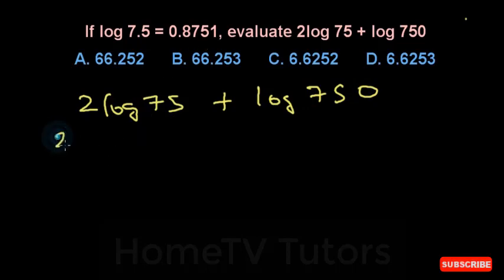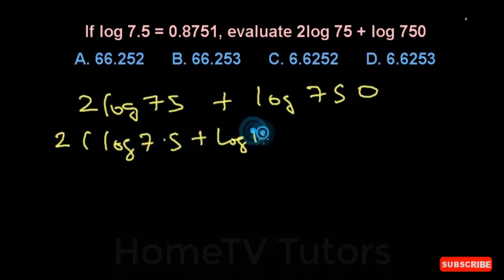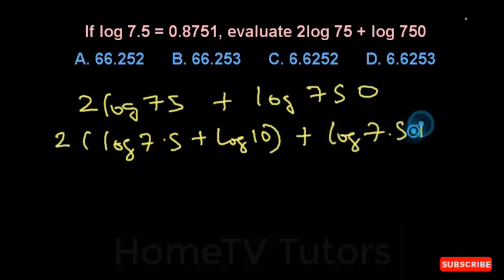Okay, so we have 2 bracket log 7.5 plus log 10. It's supposed to be raised to the power 2, but we'll bring the 2 beside the log.